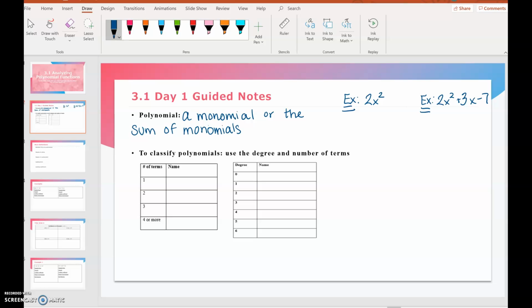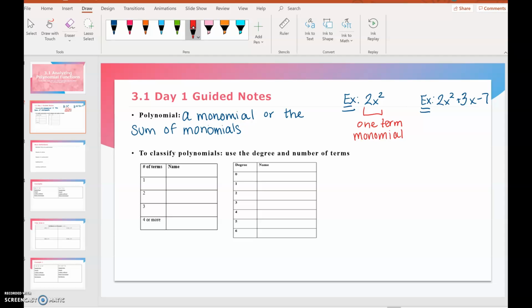So, what's a monomial? What's the sum of monomials? Well, let's look at our example. This right here is one term, one item. There's no plus or minus here. It's just one item, one term is what we're going to call them. And so that means it's a monomial.